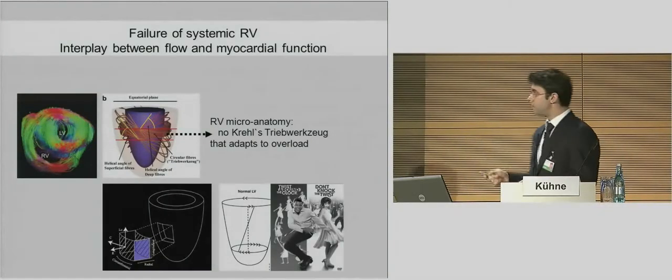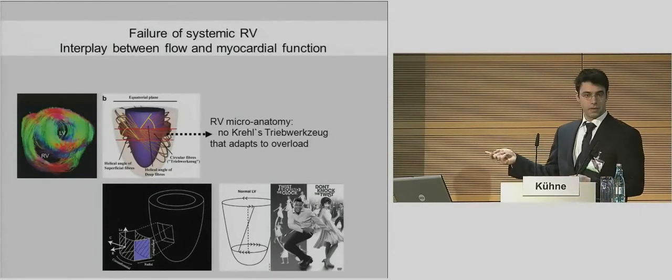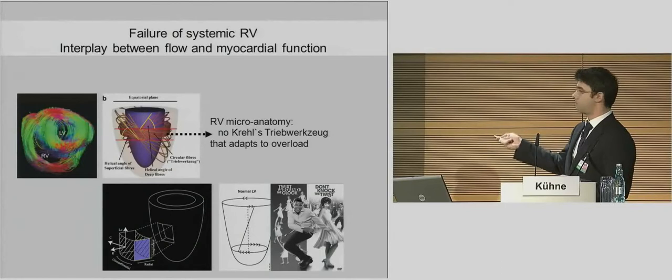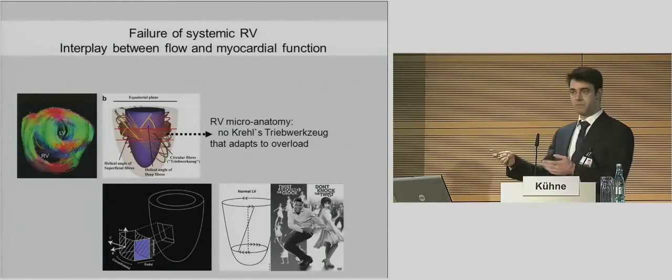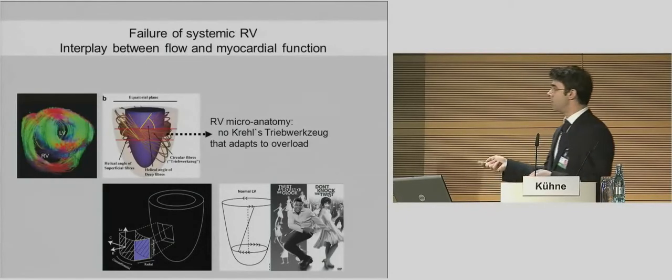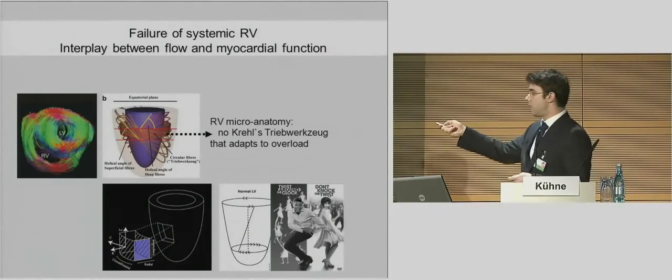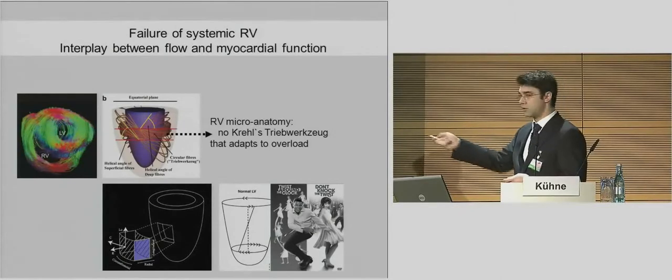But this complex architecture, particularly on the left, is also doing something which we know as twist. There are people believing that the heart is twisting, others said no, this is nonsense. Whatever, we know that there's a three-direction movement of the myocardium, and that the movement of the myocardial wall is different at the base compared to the apex.